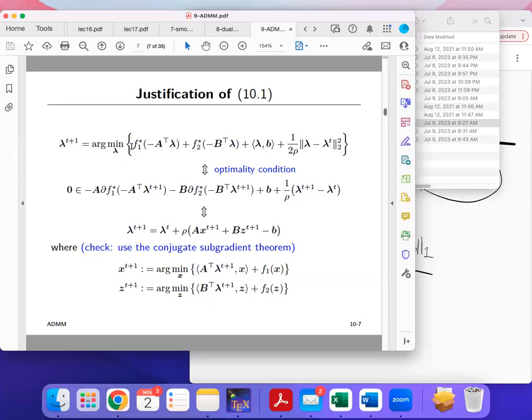We start from the proximal point update for the dual formulation, and the optimality condition is given as follows. Basically, 0 must belong to the subgradient of the right-hand side. Then we utilize the conjugate subgradient theorem to characterize the subgradient of the conjugate function, and they can be characterized in the following two updates.